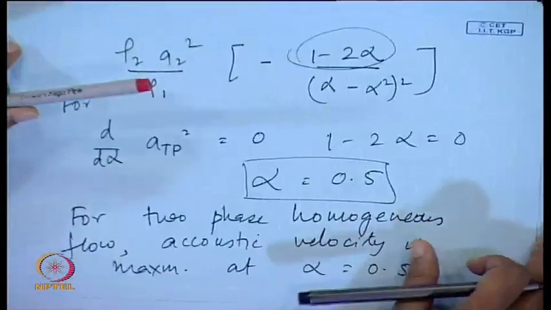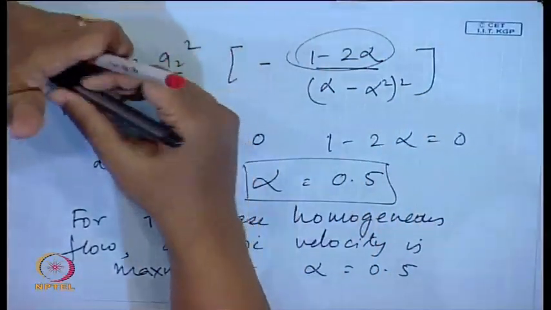So, this completes our discussions of the homogeneous flow theory, and in the next class we are going to start the drift flux model. But before that, I will be giving you tutorial sheets and you will be solving them on the homogeneous flow model and so on.